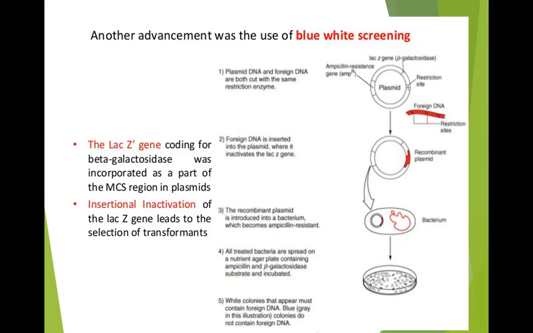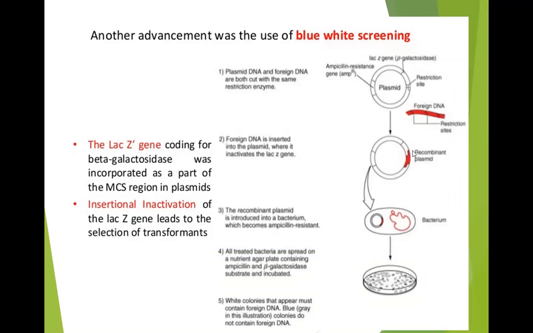This is just a repetition, but you can take it as revision and understand it once again. Here there is a LacZ gene, and this LacZ gene sequence is insertionally inactivated by incorporation of your foreign DNA.